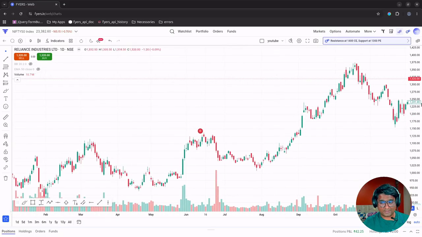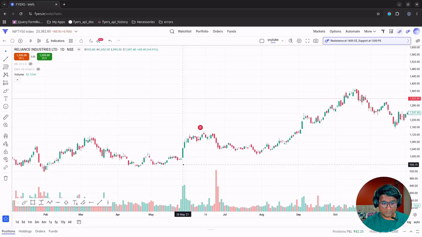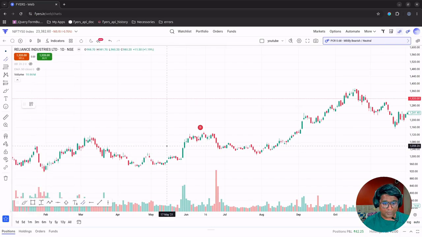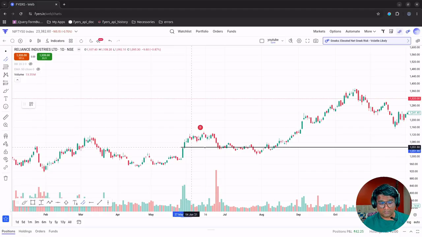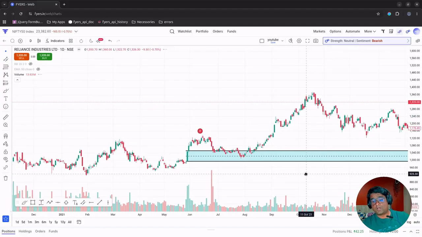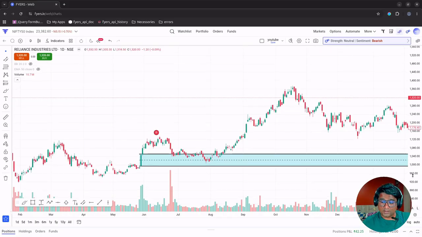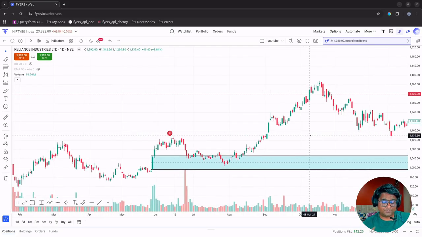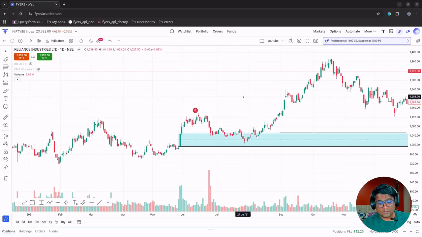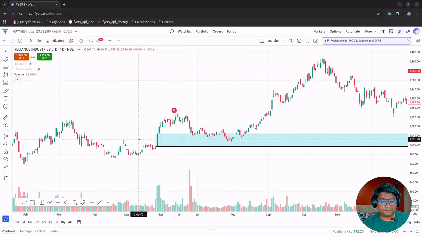See right here, this is the candle, 28th May 21. Now, if you just plot a range across this candle by taking the high and low of this candle, you can see a beautiful setup. This is a temporary breakout, but the price does mean reversion.